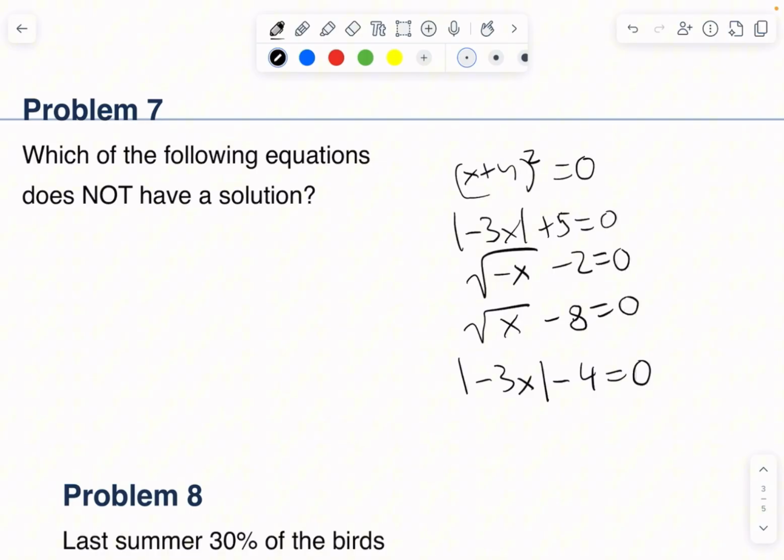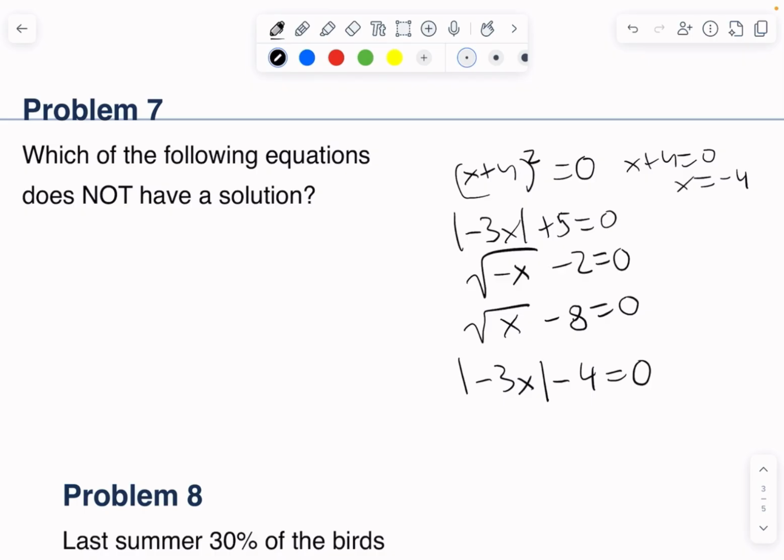So let's start with the first equation, (x + 4)^2 = 0. We can square root both sides to get x + 4 = 0 and x = -4. So clearly this one has solutions. Now for the second equation, the absolute value of -3x = -5.